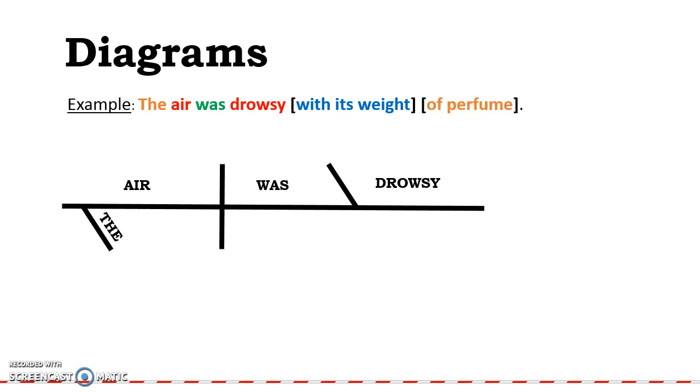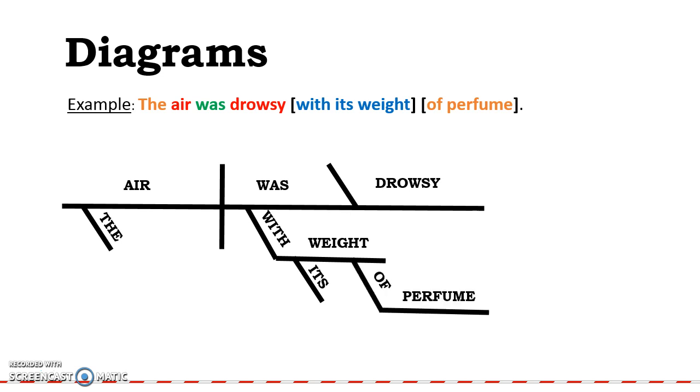Of perfume, I can tell, is adjectival because it's describing weight. What kind of weight? The weight of perfume. So I put the first beneath the verb, with its weight, and I put the second beneath the object of the preposition in the first prepositional phrase, of perfume. And I've diagrammed my sentence.